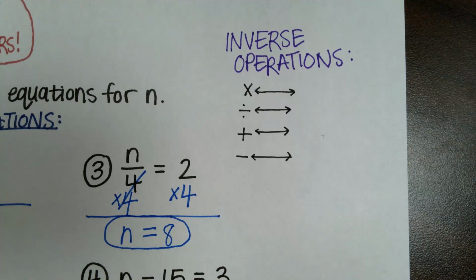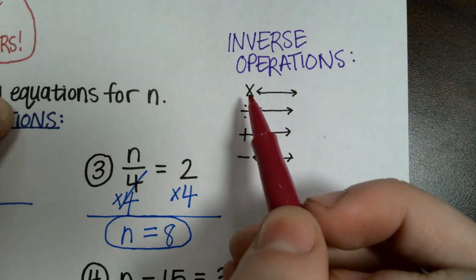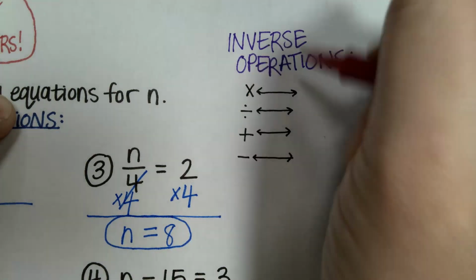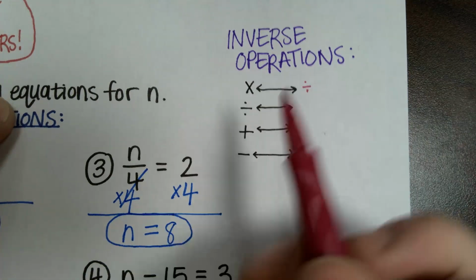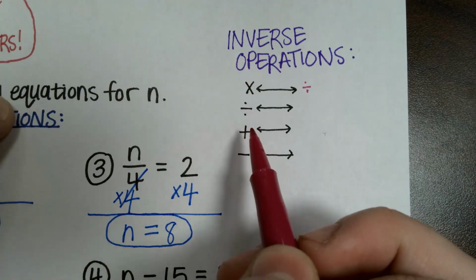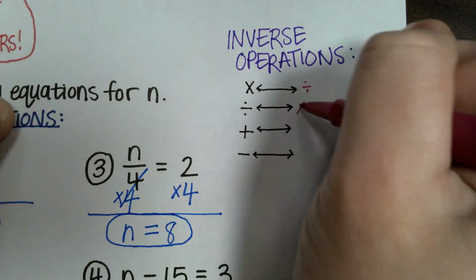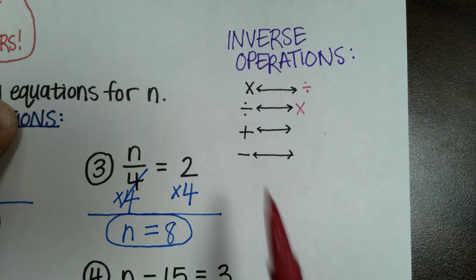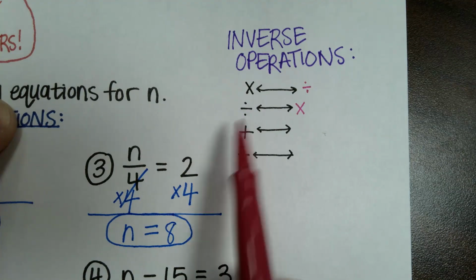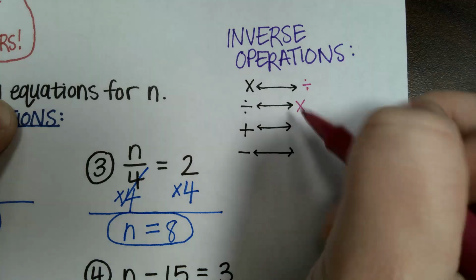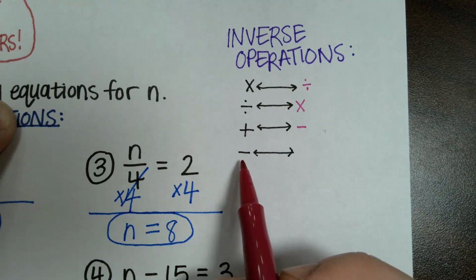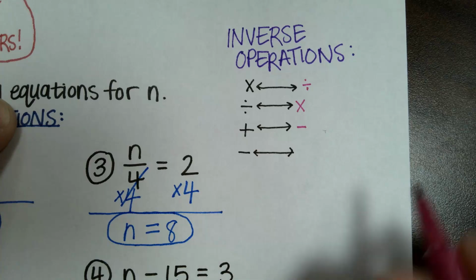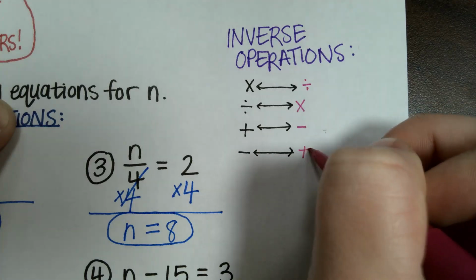First, what is the opposite of multiplication? Division. Good. What's the opposite of division? Multiplication. Good. What is the opposite of addition or a positive? Subtraction or a negative. And what's the opposite of subtraction or a negative? Addition or a positive.